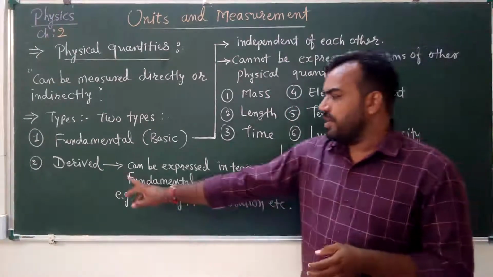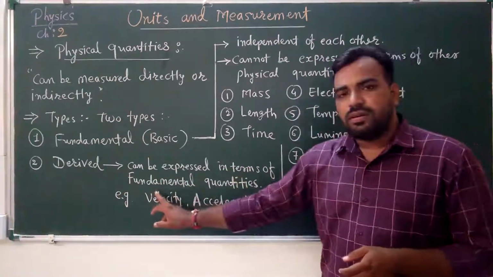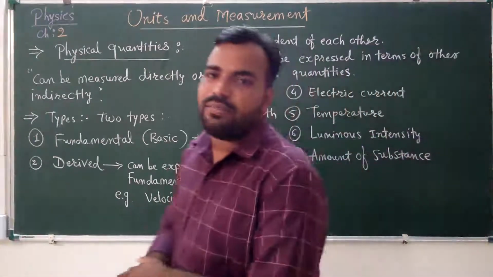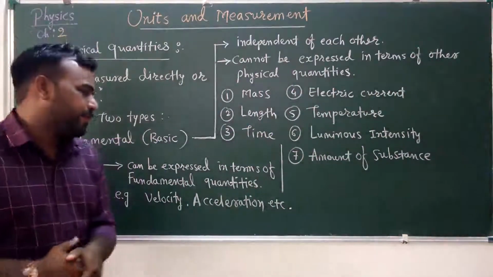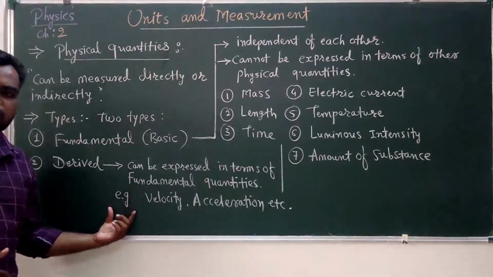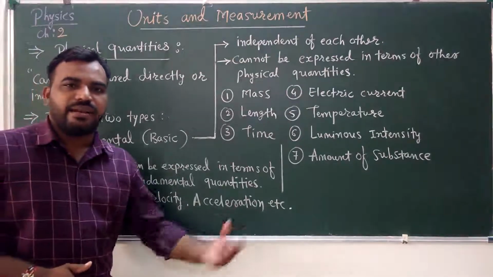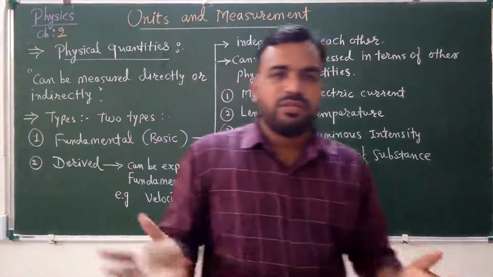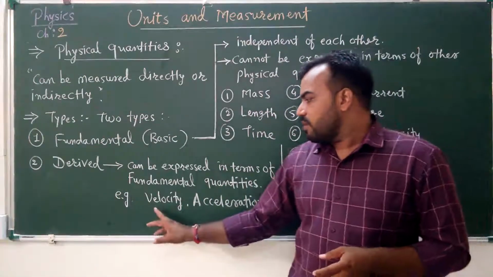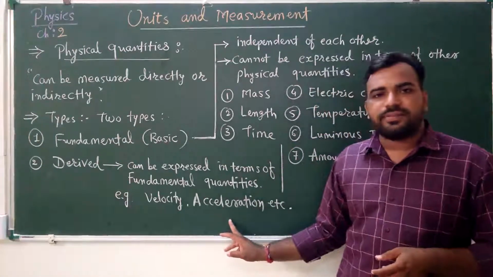So derived physical quantities can be expressed in terms of fundamental physical quantities. For example, velocity, acceleration, etc. These are some derived physical quantities.